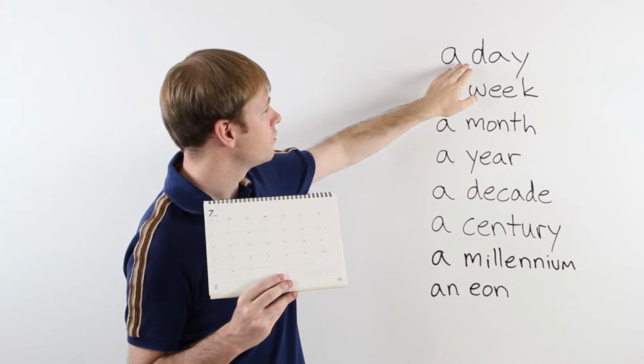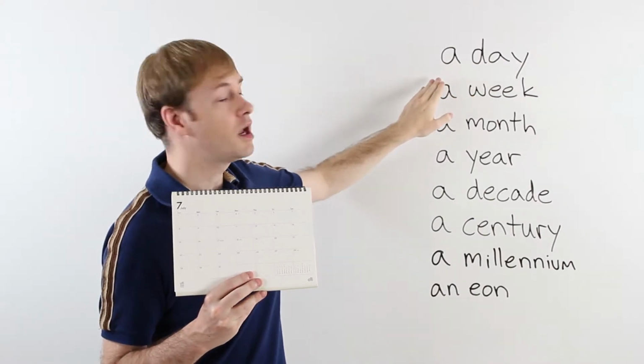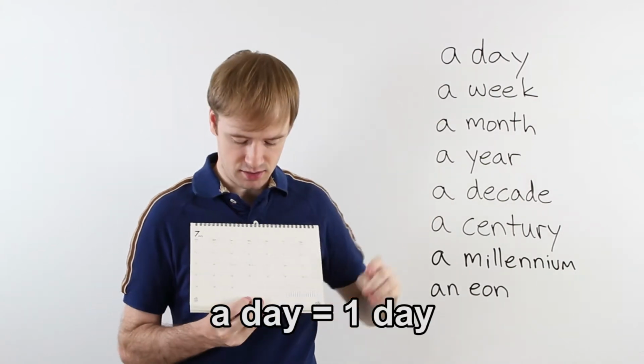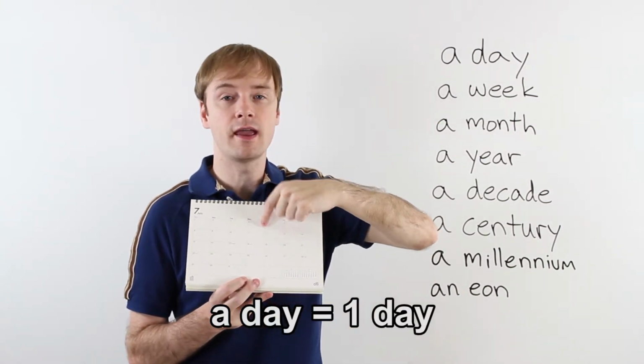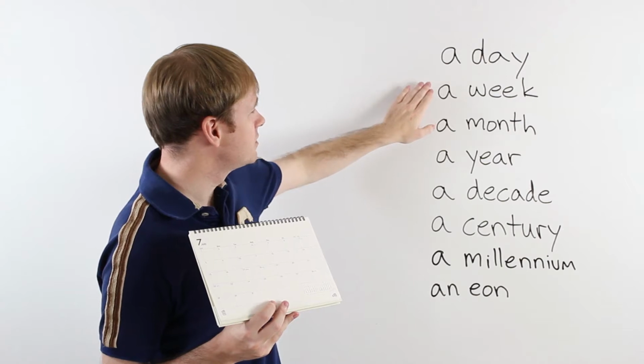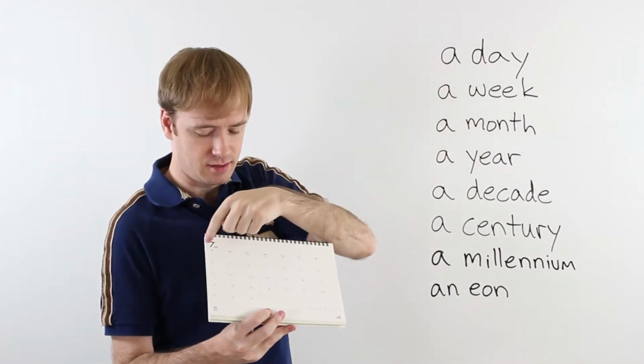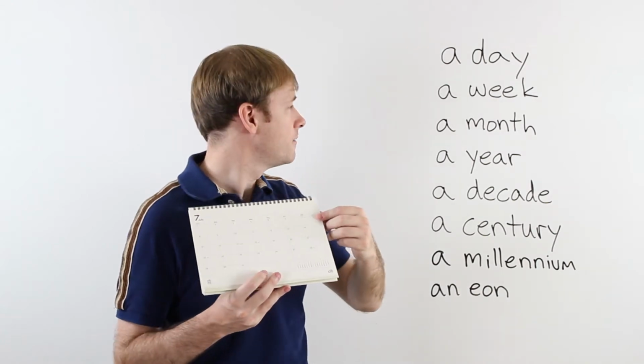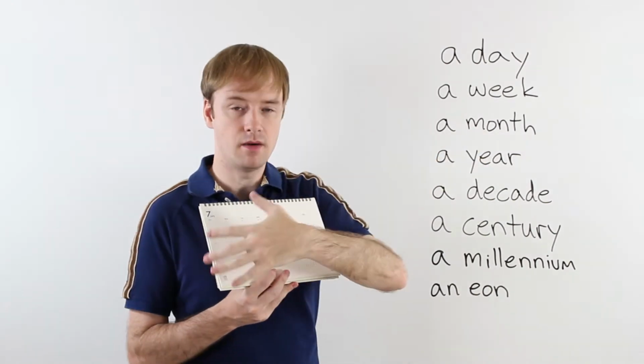So the first one, of course, is one day, and instead of one day, we could just say a day. So on your calendar, that is just one day, a day. Next, we have 7 days makes a week. Okay, so 1 week, and of course, a month.